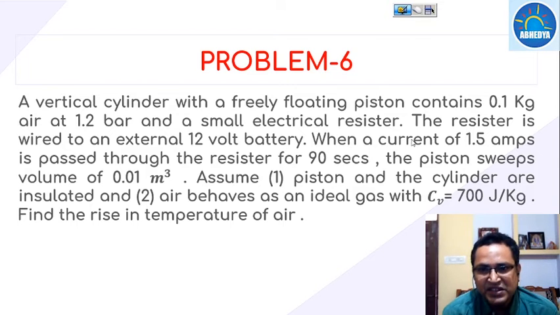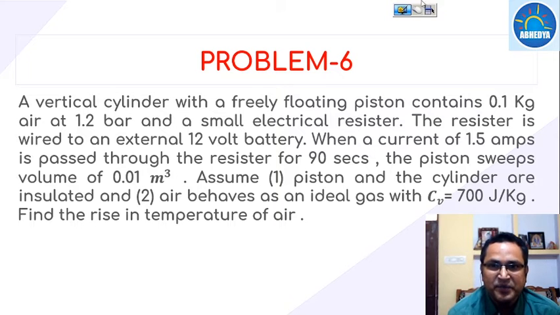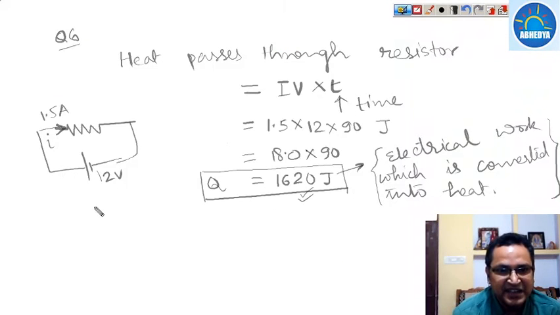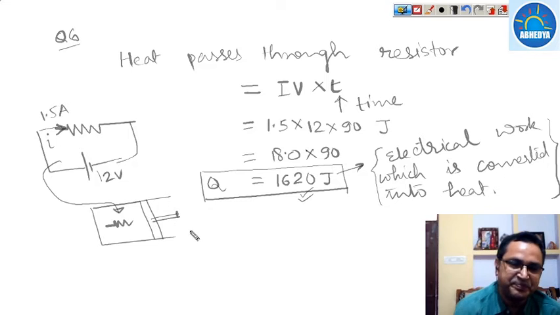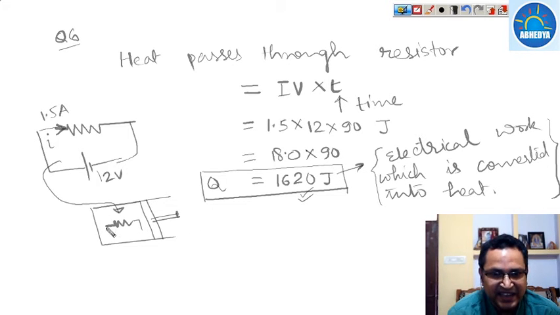Okay, now it says due to the current flowing through the resistor, the piston sweeps a volume of 0.01 meter cube. Now it is just like a piston cylinder arrangement over here. This is our piston and this type of combination is inside here. When the heat is generated, then this piston moves, and what is the volume which the piston sweeps?